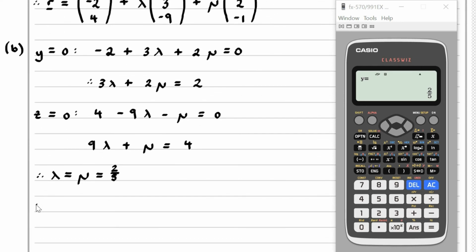So x is equal to 1 plus 2/5 multiplied by 2 plus 2/5 multiplied by 1, and this is equal to 11 over 5.